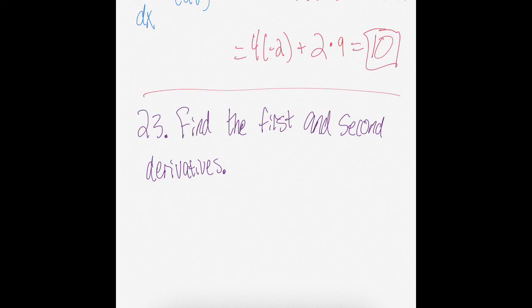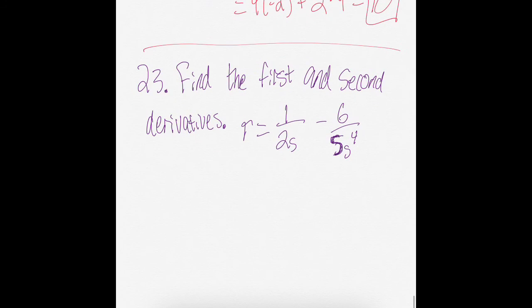Oh, I should probably tell you what the function is. The function is r equals 1 over 2s minus 6 over 5s to the fourth. So this is a 5, and this is an s, the other one.